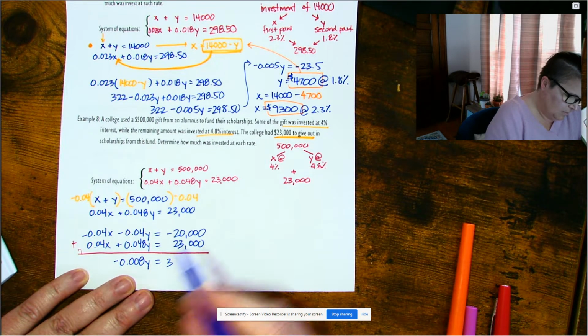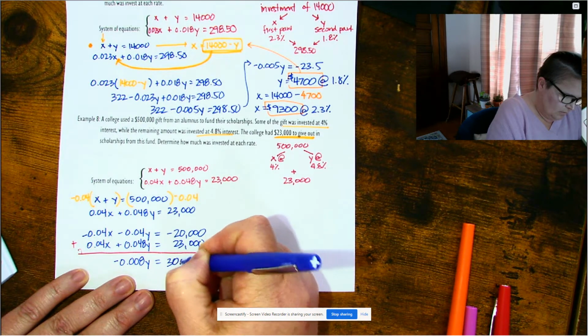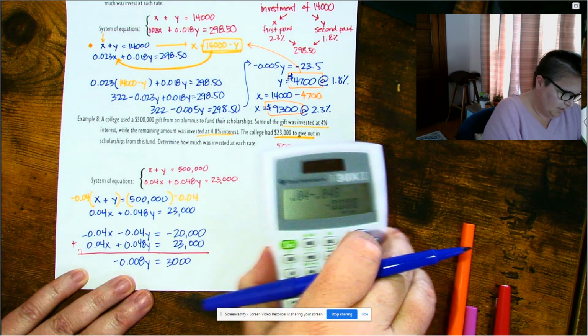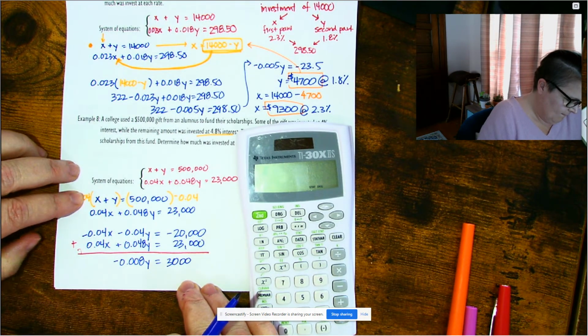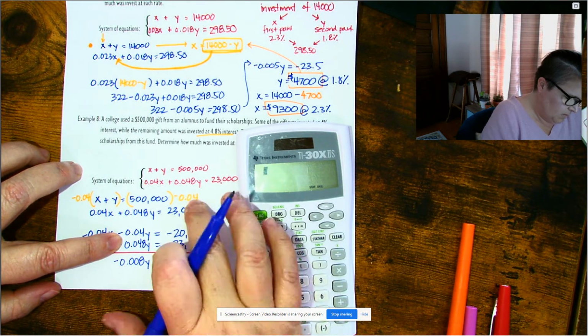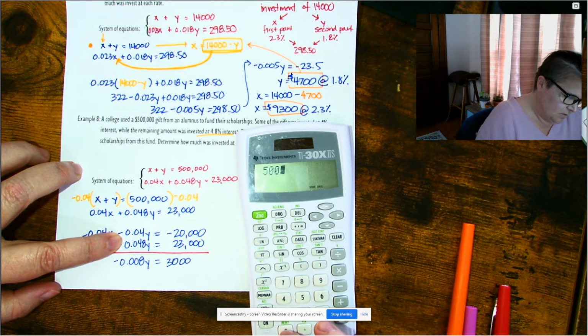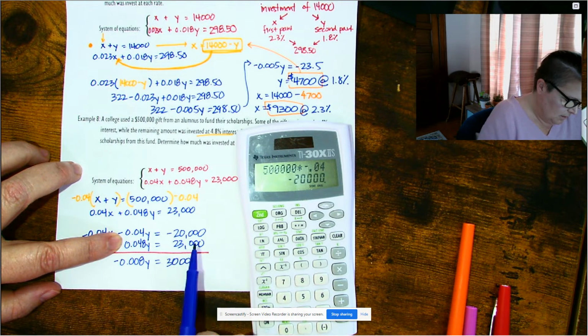I feel like I missed something because that shouldn't be a positive $3,000. Okay, hold on. I need to check some work here. That should be good. Multiplied that 500,000. Did I miss a 0? 2, 3 times negative 0.04. Negative 20,000.